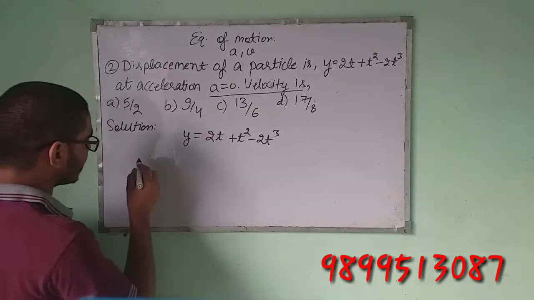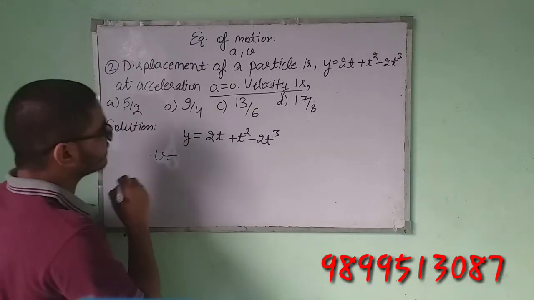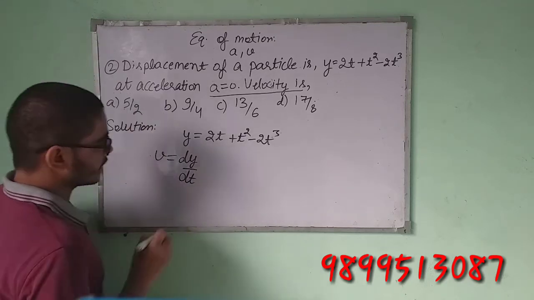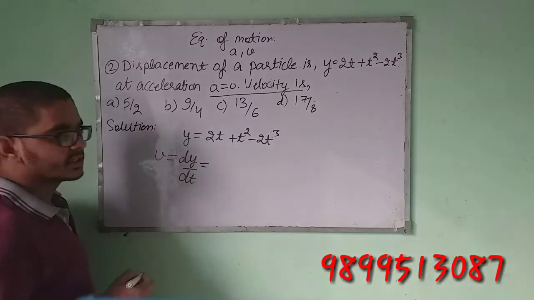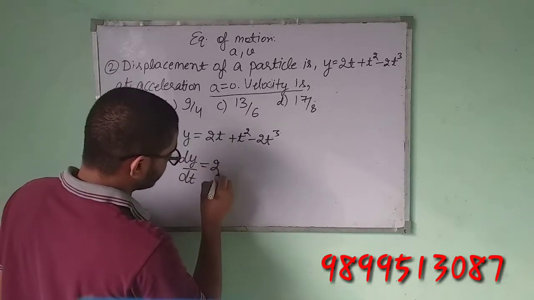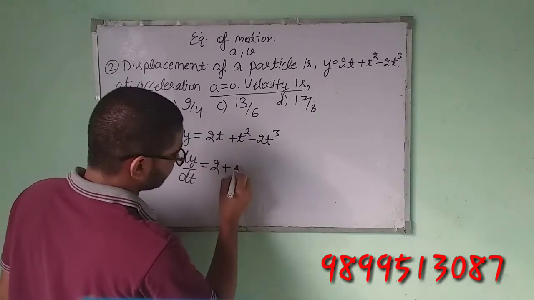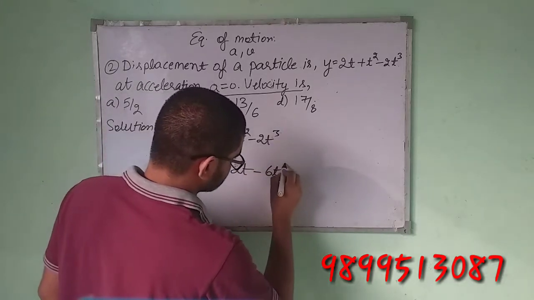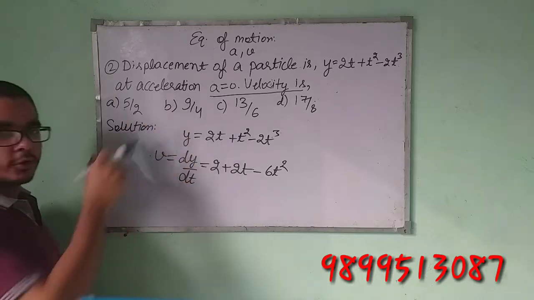What is velocity? It is simply the derivative of the displacement, that is dy over dt. So you can differentiate the above equation: 2 plus the differentiation of t square, 2t, minus 2 times 3 is 6t square. This is the velocity of the body.